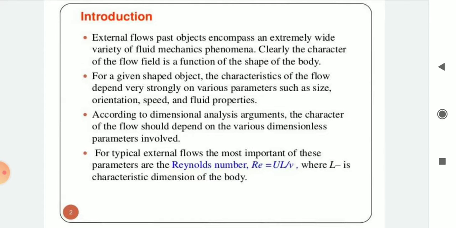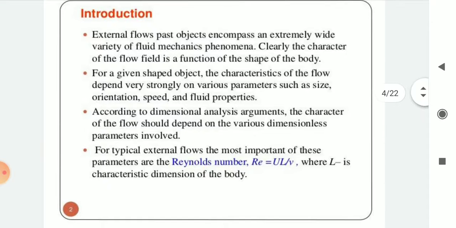According to dimensional analysis arguments, the character of the flow should depend on the various dimensionless parameters involved. For typical external flows, the most important of these parameters is the Reynolds number, that is Re = UL/V, where L is the characteristic dimension of the body.